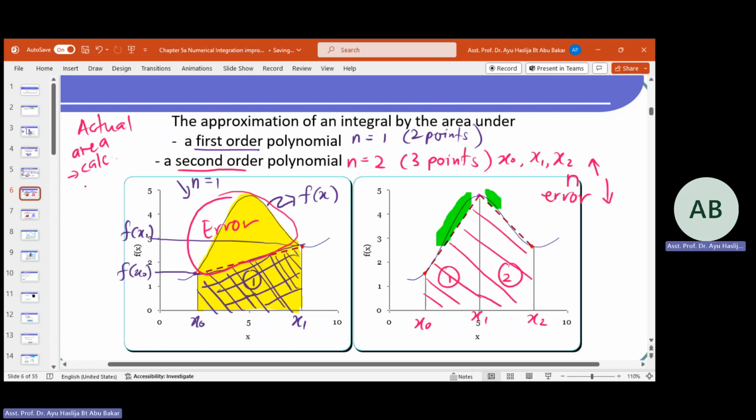Okay, calculator using the integration. Later we'll do an exercise, comparing the numerically calculated and the actual value. Okay, so far can you get the concept? What is the integration?